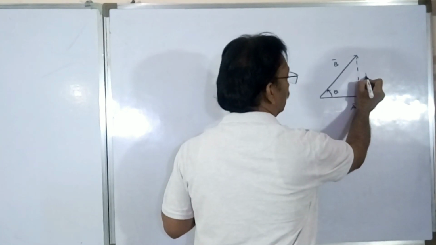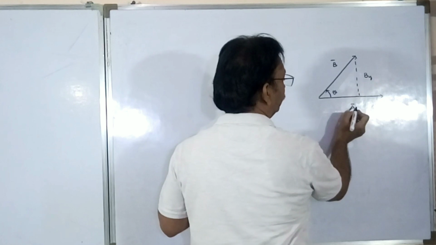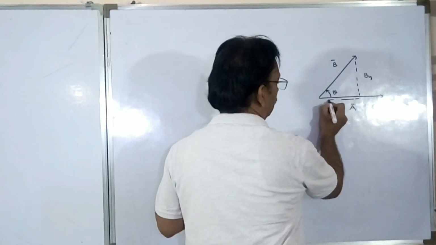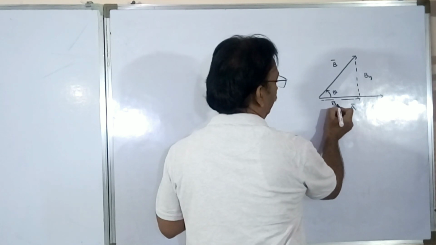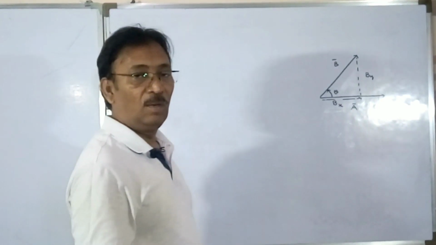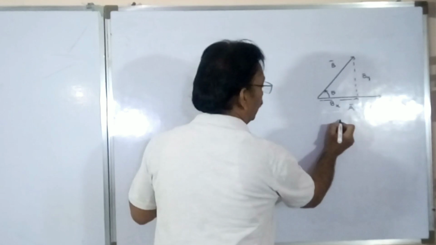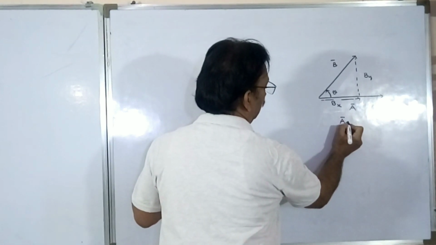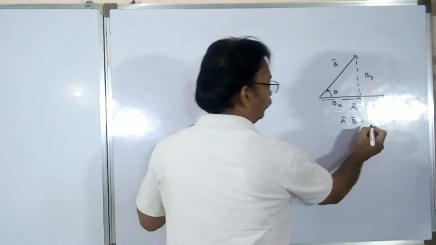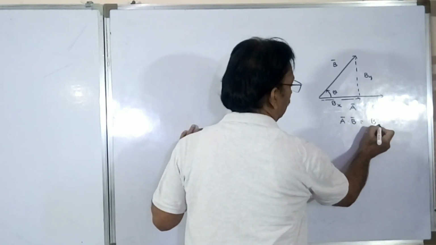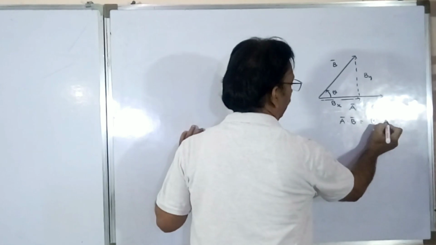Along the y-axis it is by, and along the x-axis it is bx. What is the dot product here? Here a bar dot b bar is equal to bx into a.